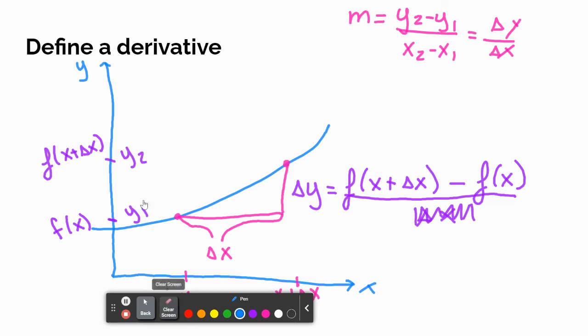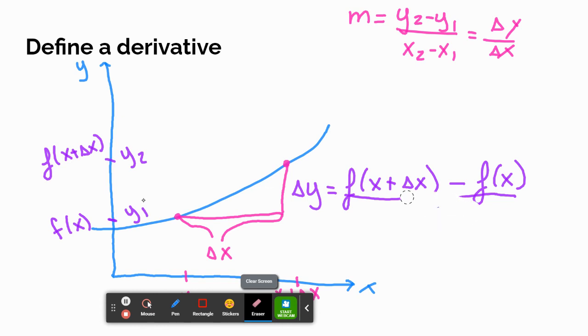So I'm going to erase a little bit here. I'm going to get rid of that because we just need a change in y there. We didn't need the whole shebang. But what I can do again is define the derivative. I don't want you guys to erase that, it's important.